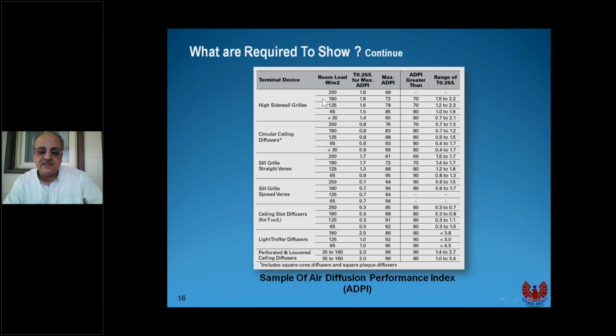And here you can see the room loads as a figure, and the throw at 0.25 meter per second of the characteristic length. You will find that the maximum ADPI is 68, whatever, some here, some points 94, whatever.